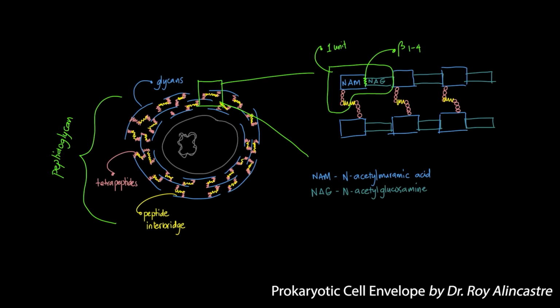Okay? So how is this important for us to know? Remember, we have certain antibiotics that work by affecting the peptidoglycan cell wall. So it can be by damaging it or by preventing formation or synthesis of new peptidoglycan cell wall.